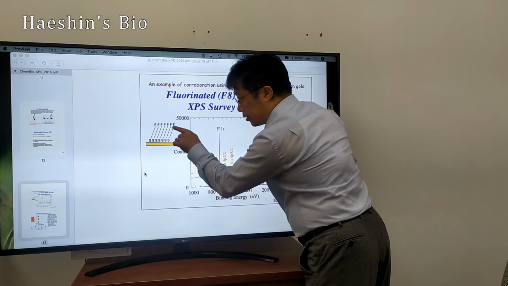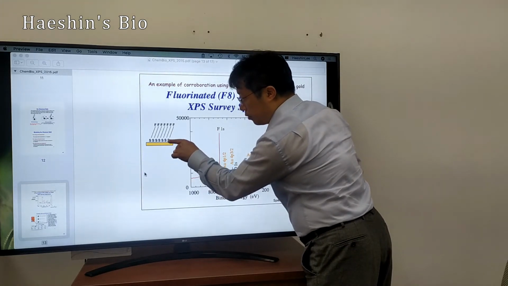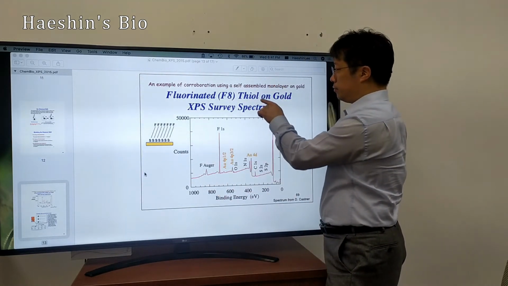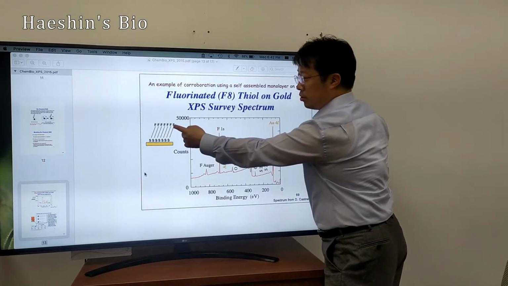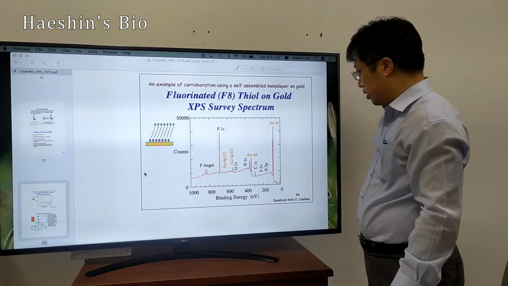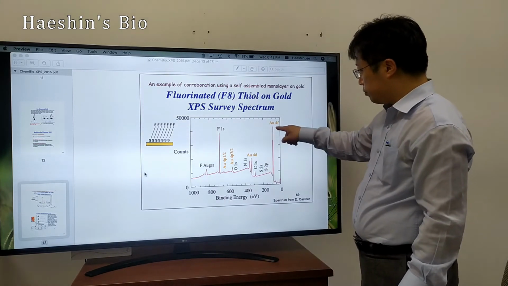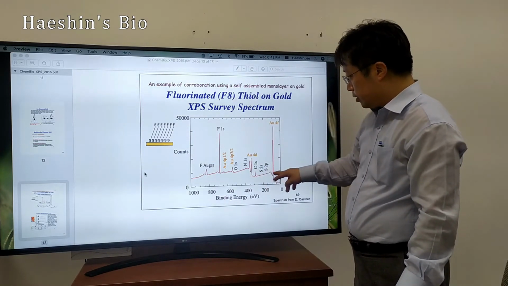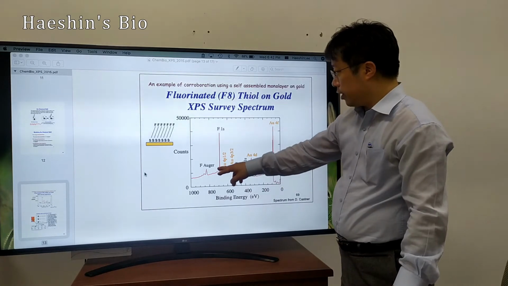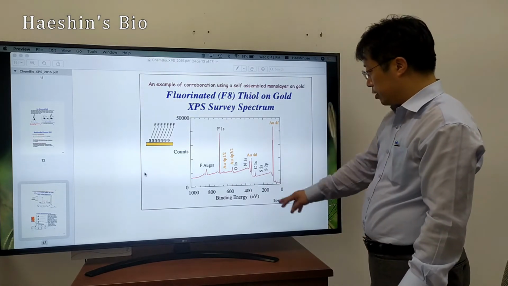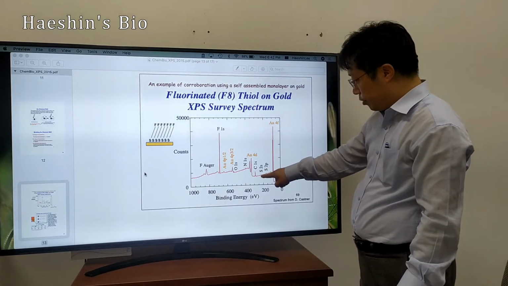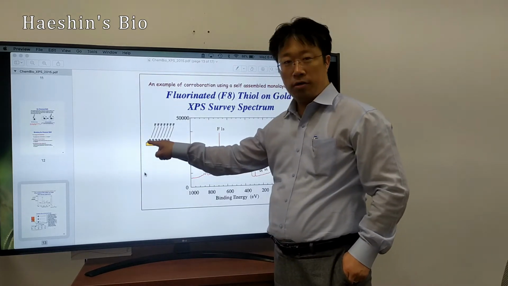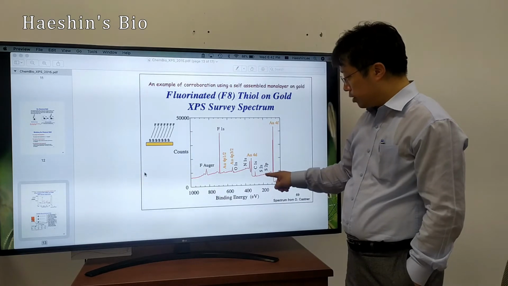So how do we analyze the system then? Gold, sulfur. This one is now a fluorinated thiol, so there are carbon chains in here. And then you have the gold 4f, and you have fluorine here, and the sulfur 2s and 2p are supposed to appear here, but this is only one atomic layer, so you have a very small peak.